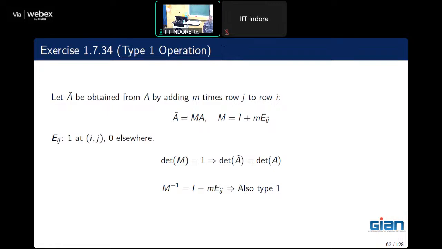If it is a big matrix, if it is a billion by billion matrix, you do not go row by row; the elementary matrix will work at a time.